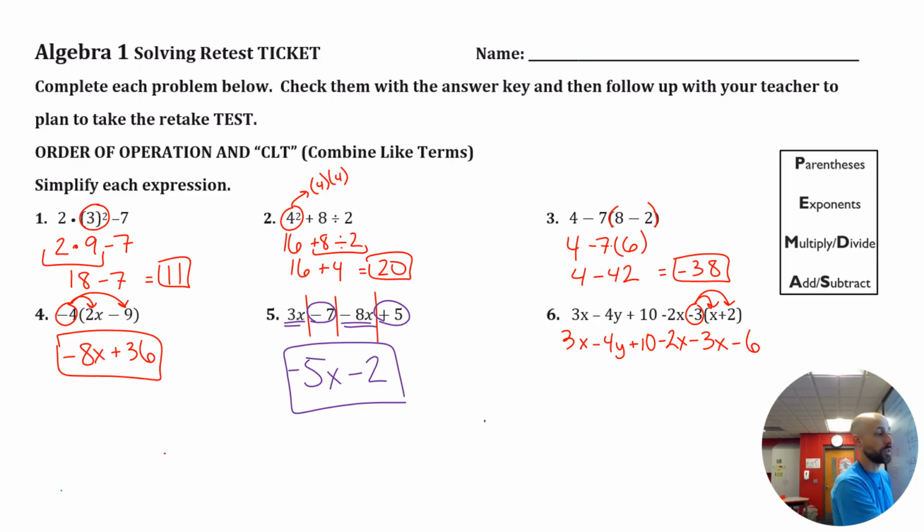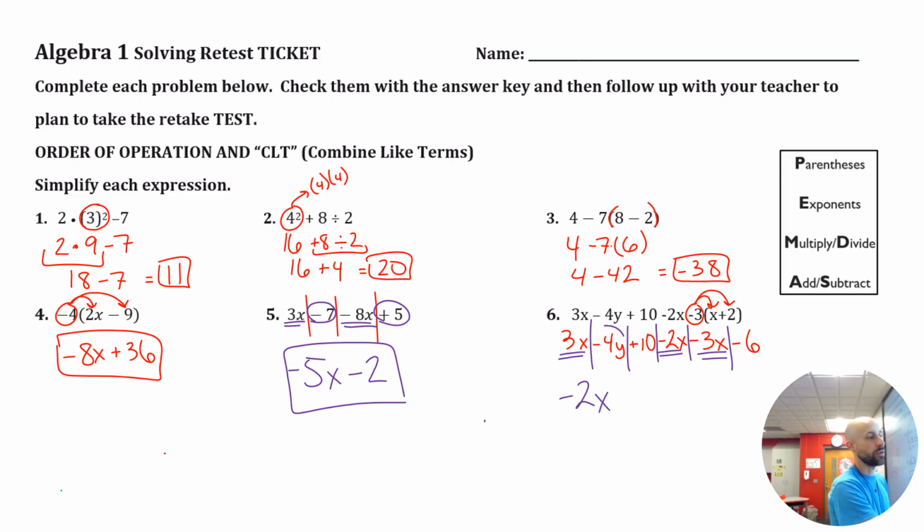Again, you might want to go through and just separate each term now. So we do have quite a bit going on here. So we're looking for all of the x's. So I do see an x, an x, and an x, so let's go ahead and combine those. 3 minus 2 is 1x, minus 3x is negative 2x. So negative 2x, so we got those.